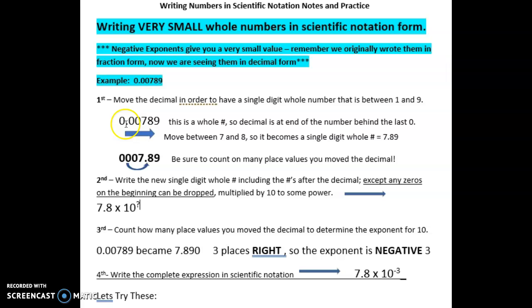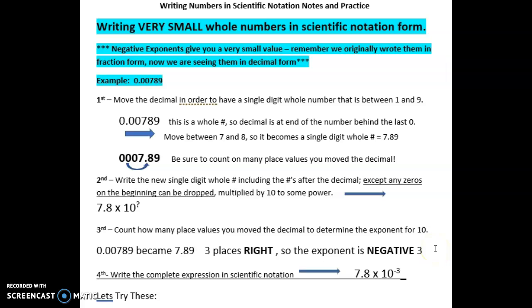And again, they're just place value holders, so they can be dropped off. So let's count how many places we had to move the decimal to determine the exponent for 10. Going from 0.00789, we had to move the decimal place 1, 2, 3 times to the right. So that very small number became 7.89, and that small number becomes a negative exponent 3.